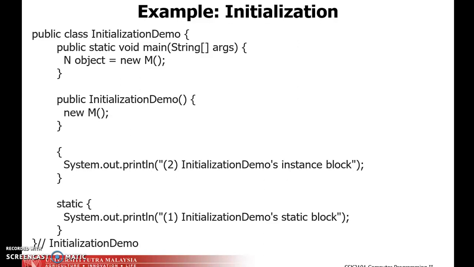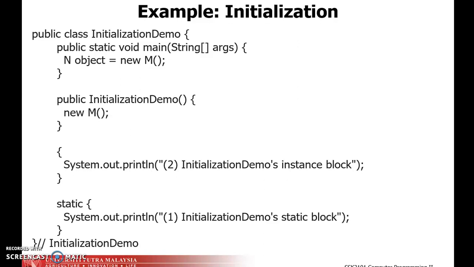Now we look at the main method in the InitializationDemo class, where we should start the execution from. It is very clear that the program is constructing a new object called object that belongs to class N and is a type of class M. Upon this object creation, the program starts to execute the constructors of class M and class N.